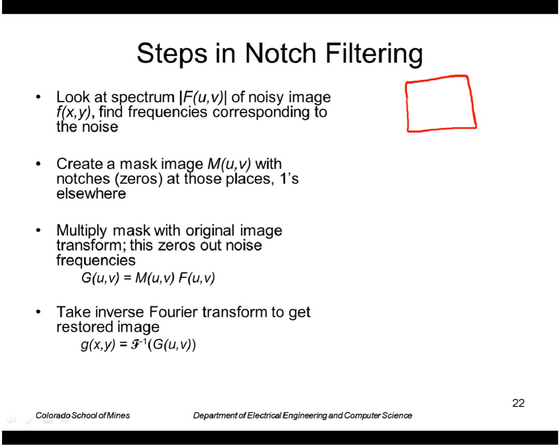Here's my input image Fourier transform, and let's say it has some unwanted spikes here. So what we'll do is create a mask image that is 1 everywhere except for those 2 places.